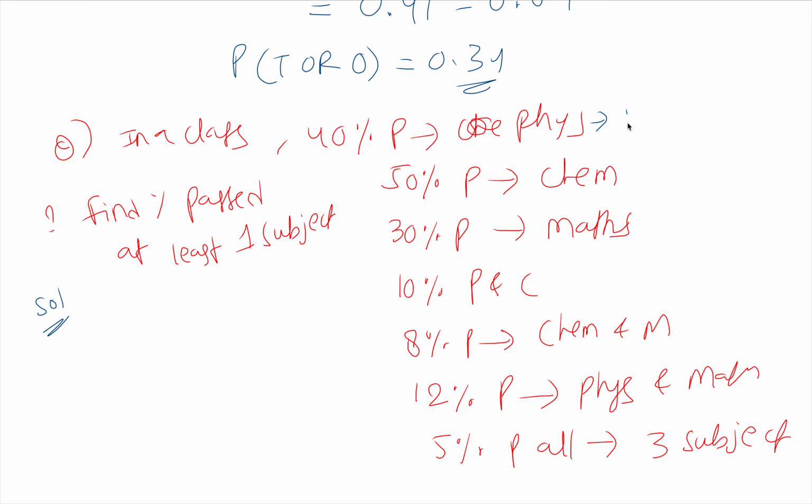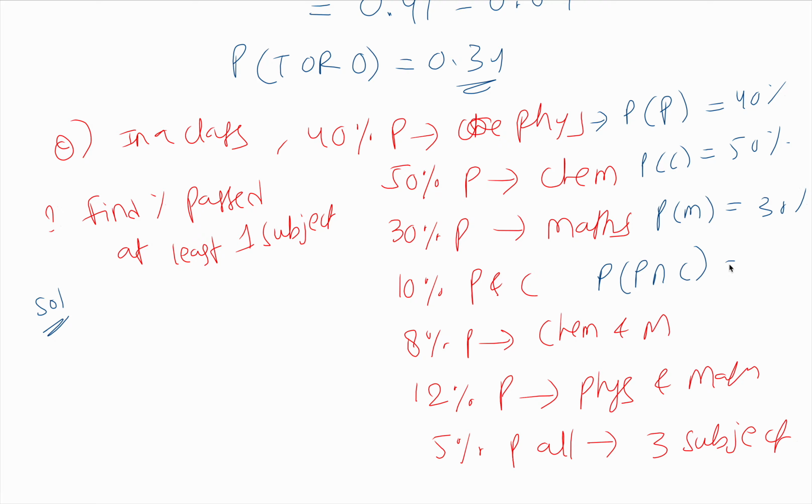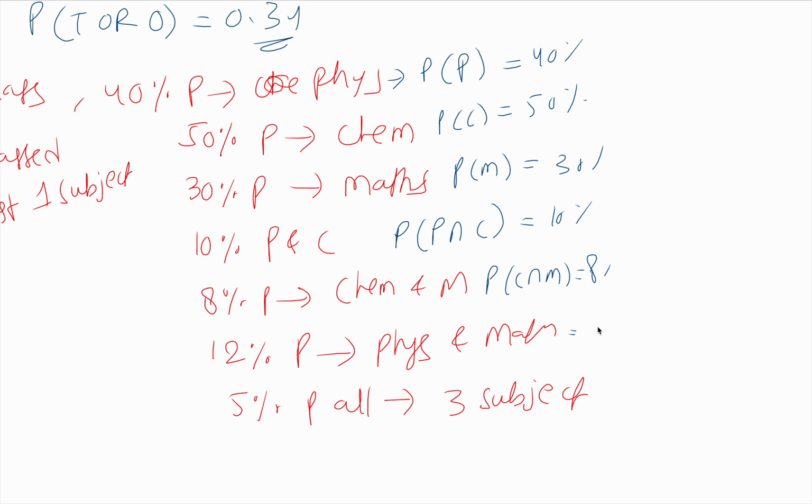So I can call it probability of physics equal to 40%, probability of chemistry equal to 50%, probability of maths equal to 30%, probability of physics and chemistry equal to 10%, chemistry and maths equal to 8%, physics and maths equal to 12%, and physics, chemistry and maths equal to 5%.